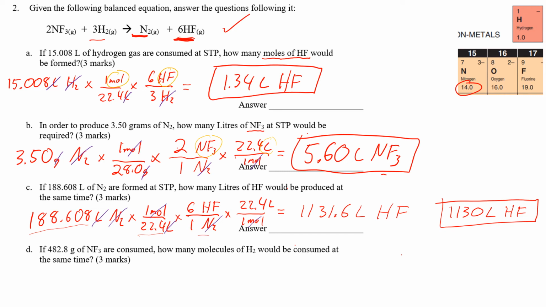Okay, last question. I start with 482.8 grams of NF3. Again, I need to change it into moles.